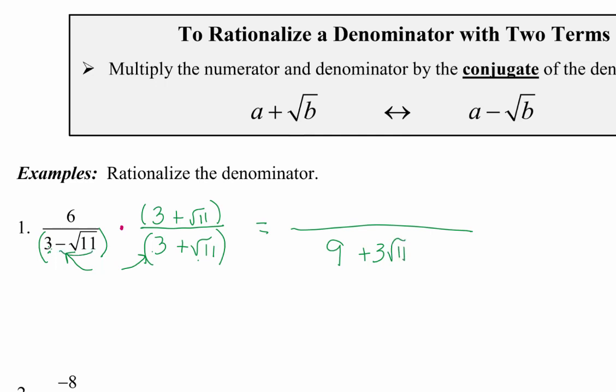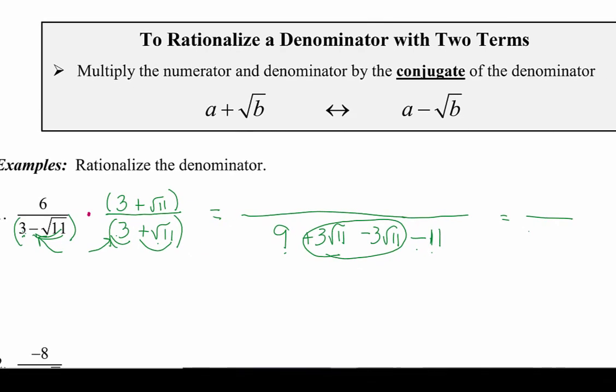Negative 3 times a 3 is a negative 3 square root of 11. And then negative square root of 11 and a positive square root of 11 is a negative square root of 121, which we know as 11. Look at what happened here. Those middle terms are gone, and we end up with 9 minus 11, or a negative 2 in the denominator there.